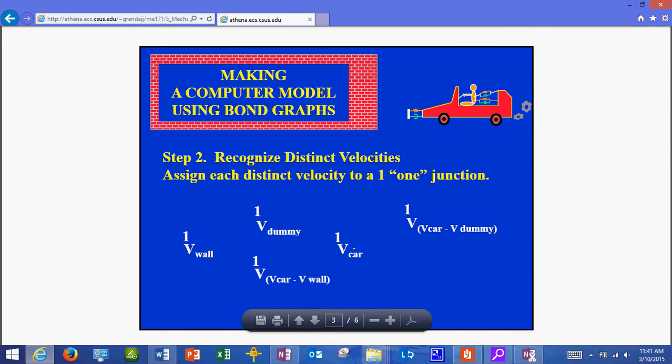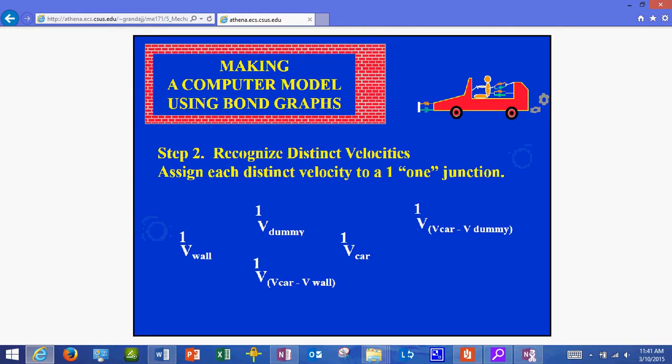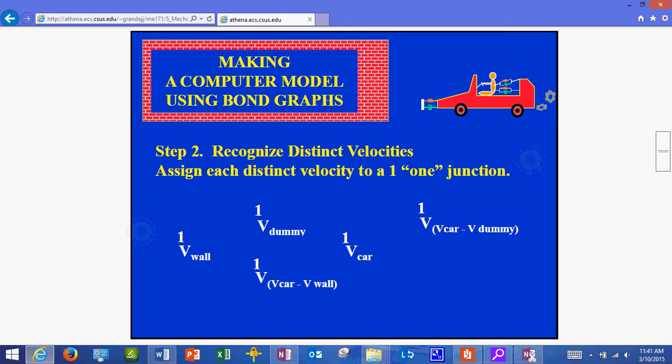Okay, here we go. So we have the velocity of the system, all the velocities of the system. Okay. So in this situation, you recognize this is just to build a skeleton for our model, and we use these one junctions to represent each distinct velocity of the system as our basic structure of the bond graph model.